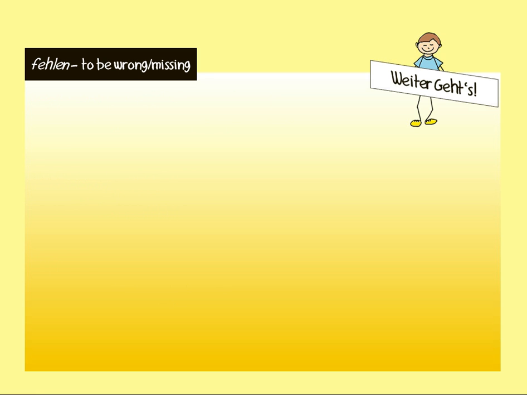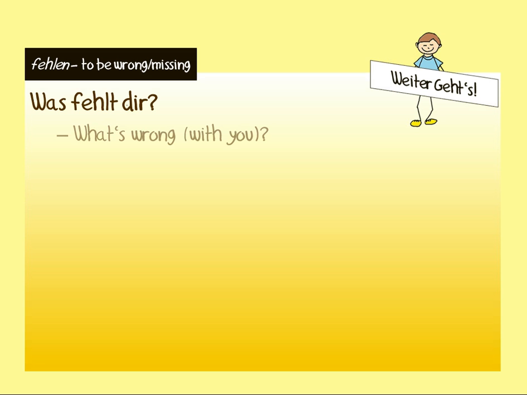Here's another one that is used with a dative object. Fehlen means to be wrong or to be missing. It's a little awkward because we translate it differently in English. So let's take a look. Was fehlt dir? What's wrong with you? Okay, so here again we have our dative.